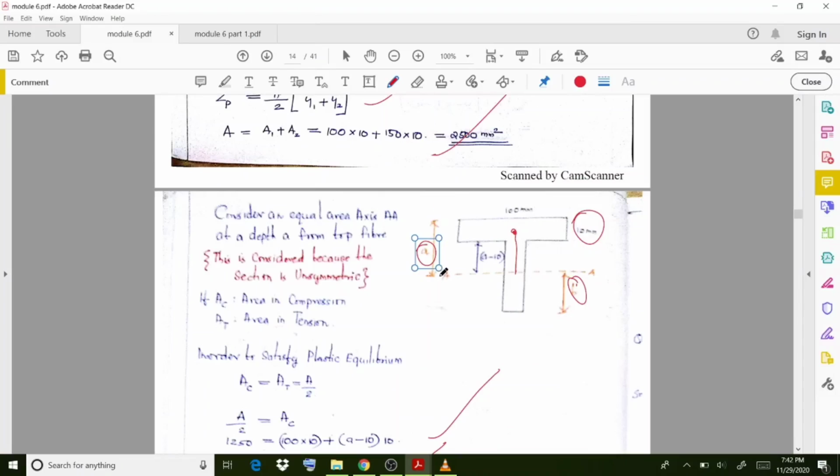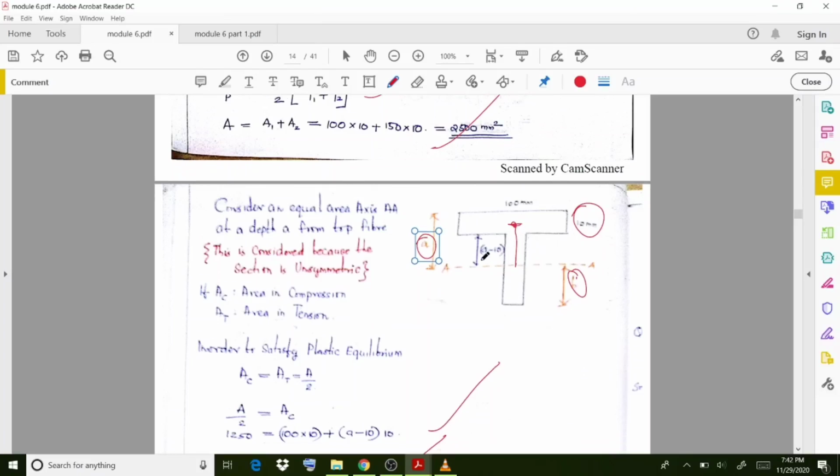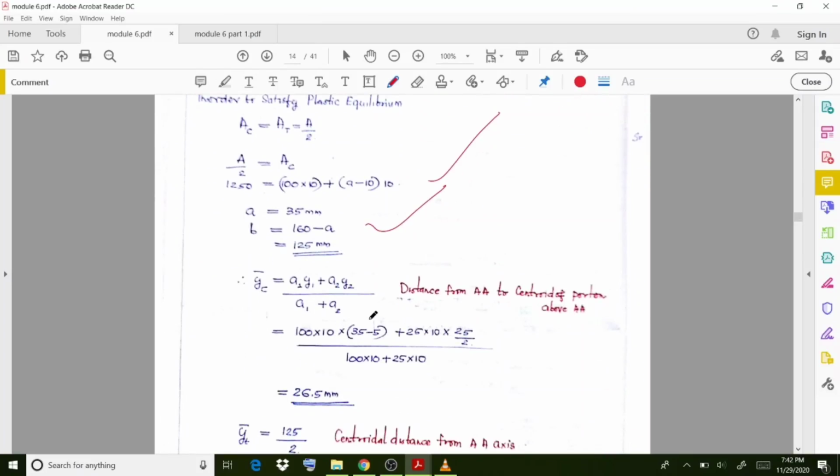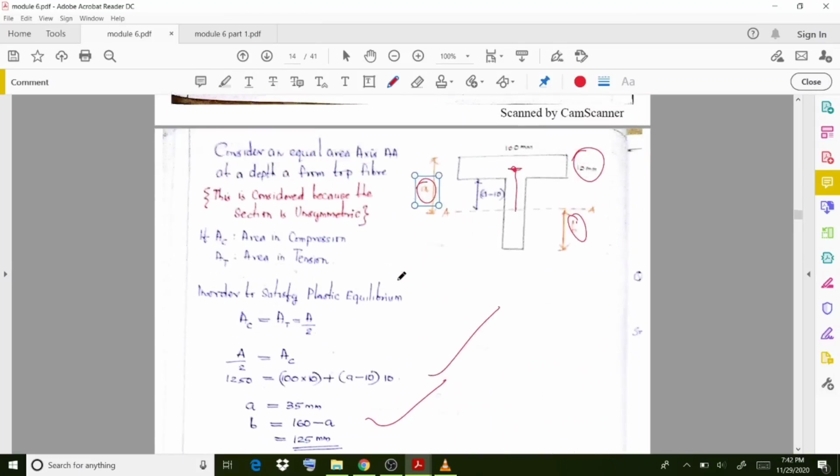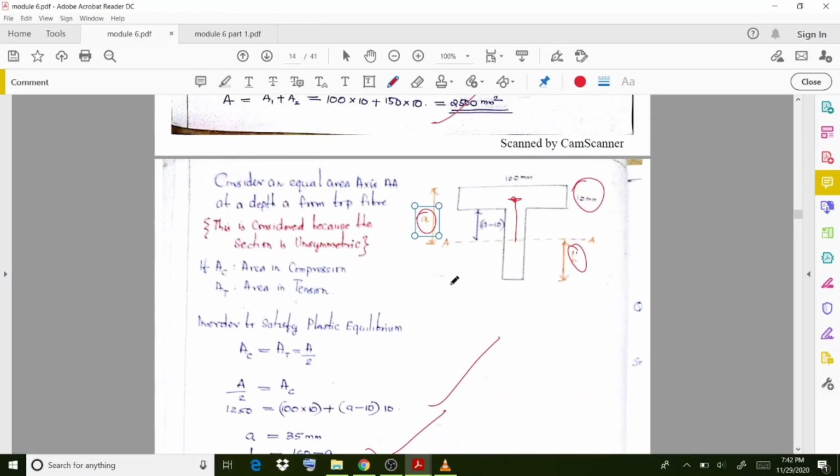The total height is going to be 35, and if you subtract this value, 5, so 35 minus 5, you will get 30. Or you can consider from here also, A minus 10, it is going to be 25 plus this 5, which is 30. Either way you can calculate.